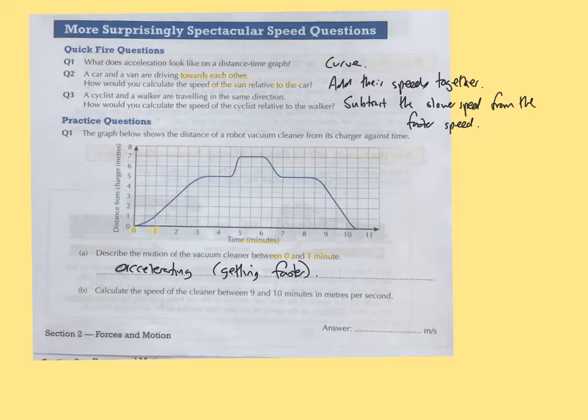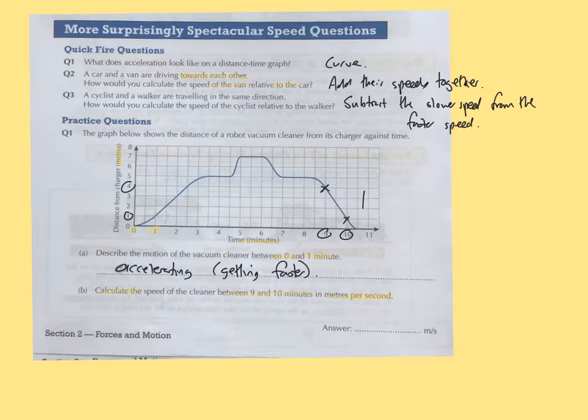Then it's asking us to calculate the speed of the cleaner between 9 and 10 minutes. So calculate speed, metres per second. Check the units. We've got metres. Here we have minutes, so we'll need to watch out for that because we want seconds, so we're going to have to convert. So let's find the 9 and 10 minutes. There's 9, there's 10. At 9 minutes, it's 4 metres away. At 10 minutes, it is 1 metre away.